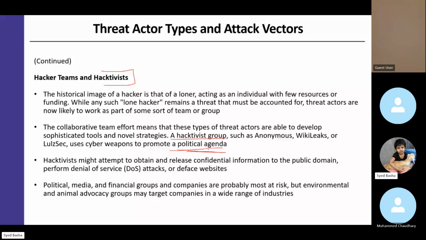Some ask for money, some ask for other property or assets, and some just attack the server data and destroy it, maybe out of vengeance. But hacktivists don't do that. They just have a political agenda in mind, and they attack companies or other countries.